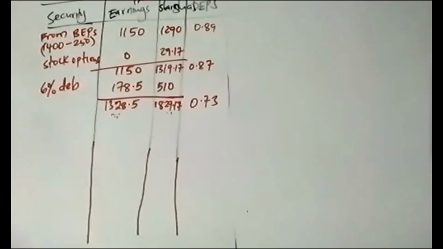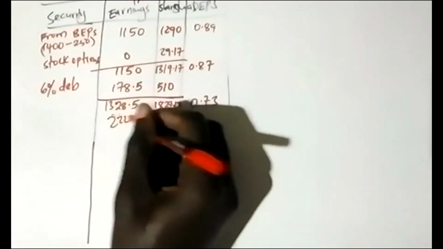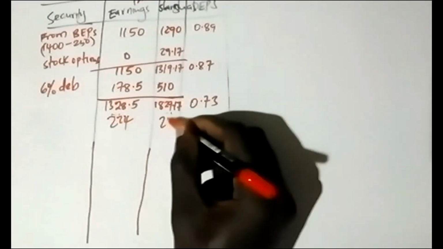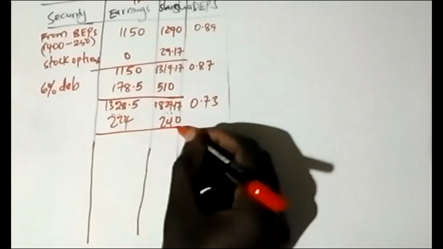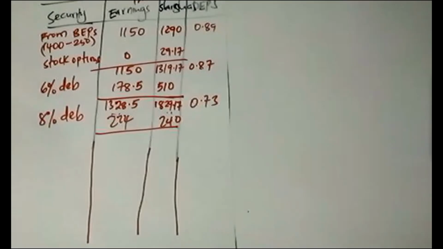Earnings is 224, and then this one was 240. This is the 8% debenture. So 1328.5 plus 224.